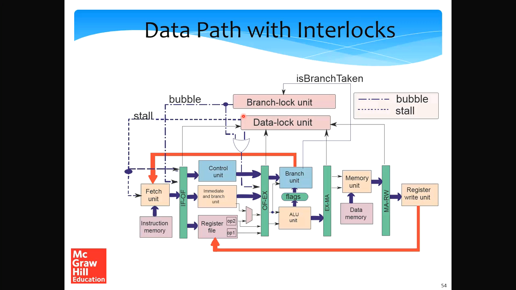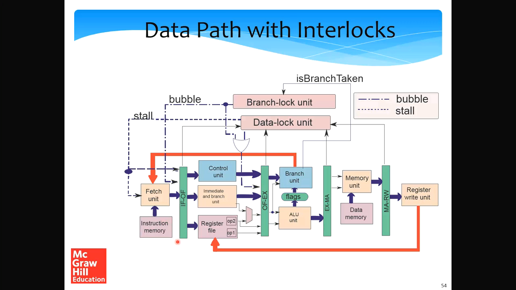Mind you, the connotation is slightly different, in the sense that a data lock unit introduces an extra bubble into the pipeline, whereas a branch lock unit basically nullifies the instructions in the IF and OF stages. It does not actually change the instruction, but for the next cycle, when the instruction in, let's say, the OF stage will flow to the EX stage, instead of sending the original instruction, it sends a no-op.